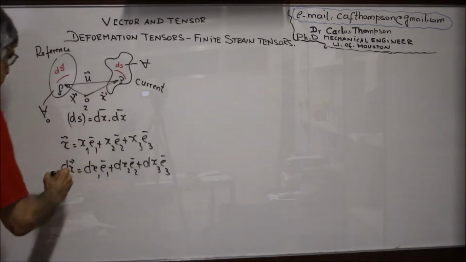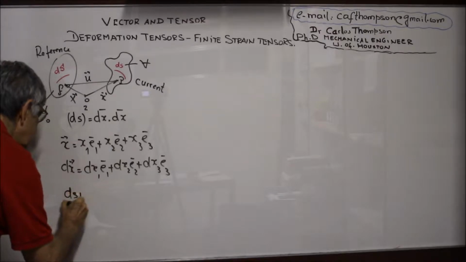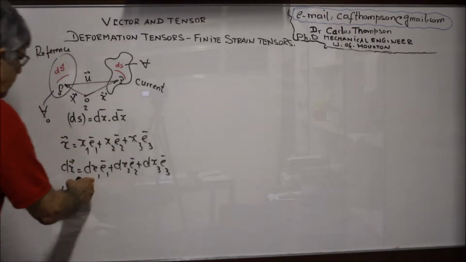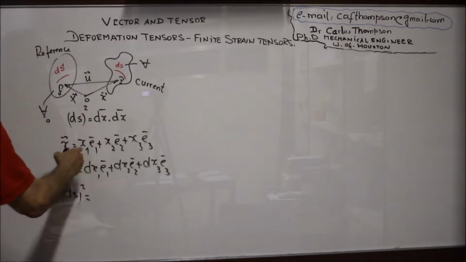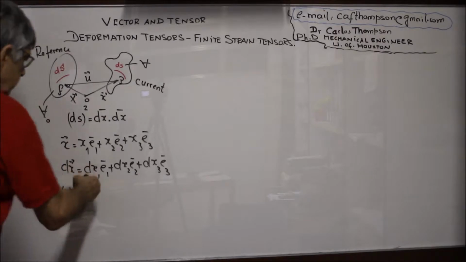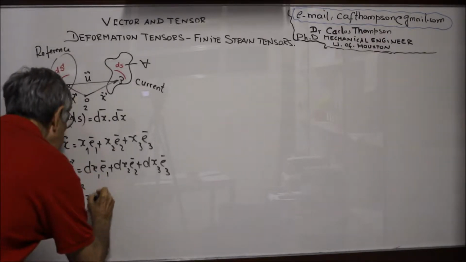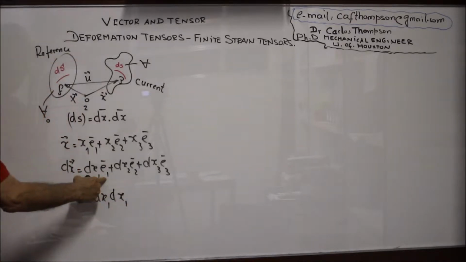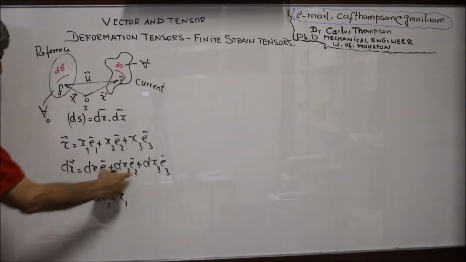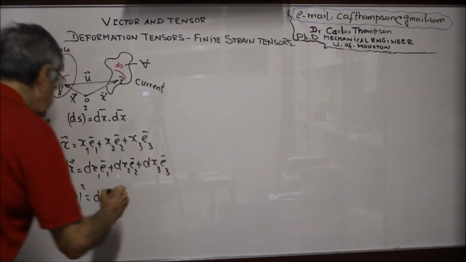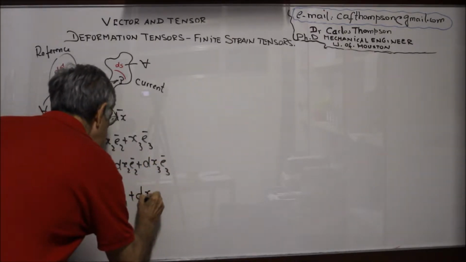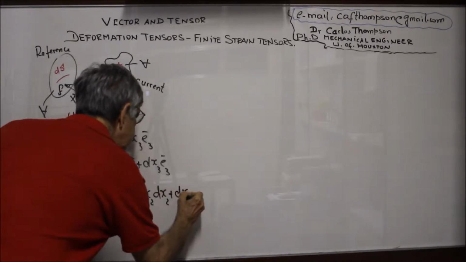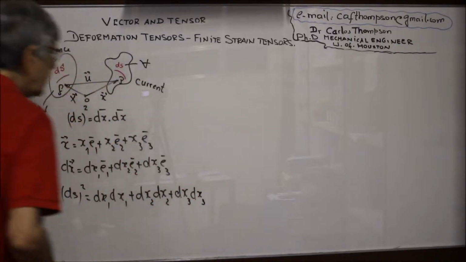Now, from here, ds squared will be dx1 e1 dot dx1 e1, so this will be dx1 dx1, because e1 dot e1 is 1, e1 dot e2 is 0, and e1 dot e3 is 0, plus dx2 dx2 plus dx3 dx3.